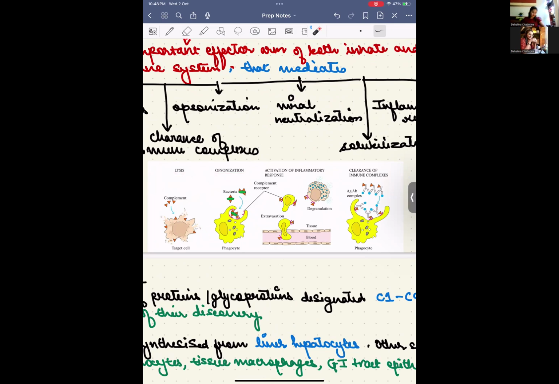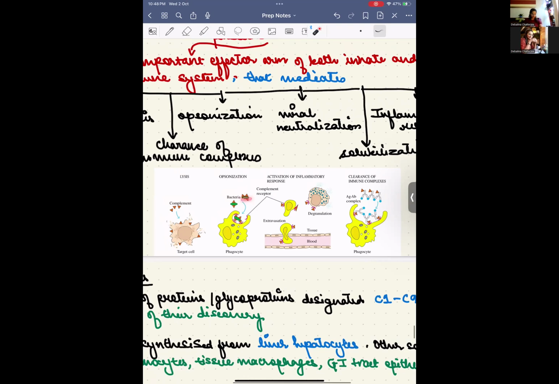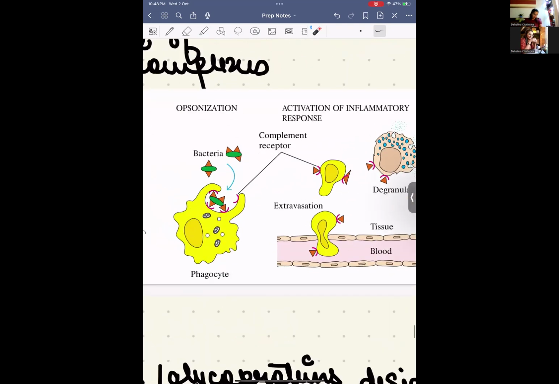Opsonization. The word might also be new to you all, but what does it mean? It means that there is some sort of coating happening on the pathogen. If you look here, the bacteria is coated by the complement molecules.